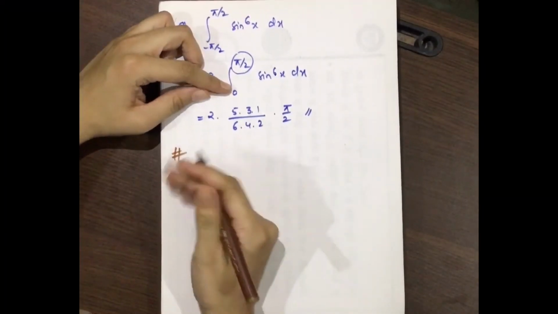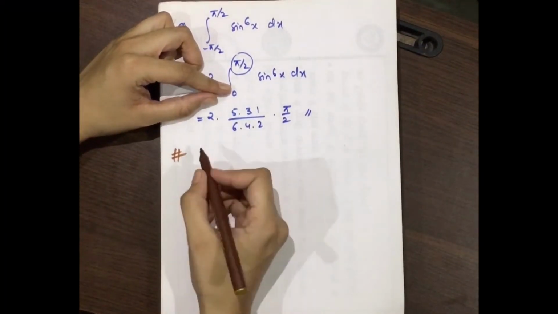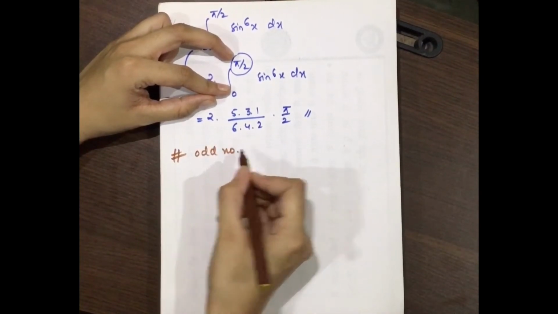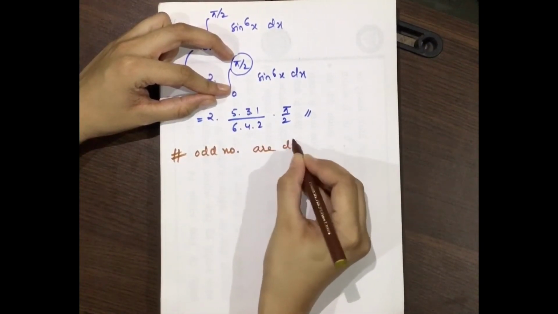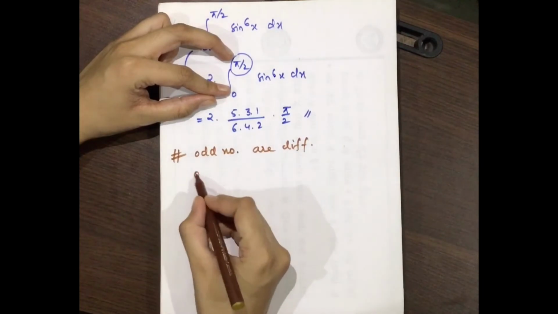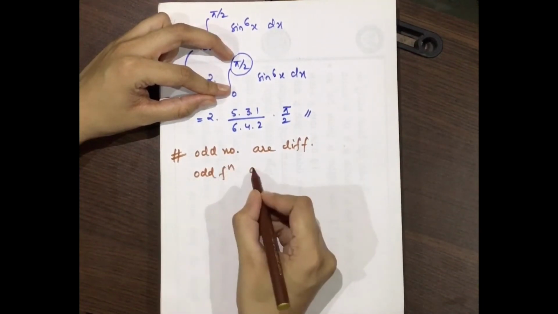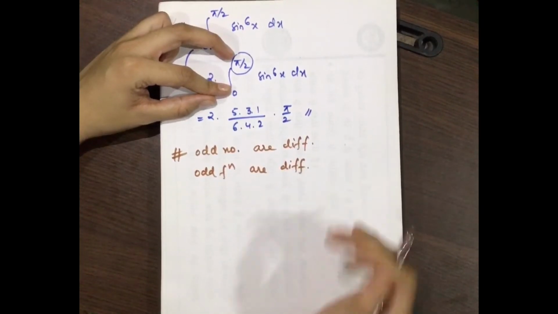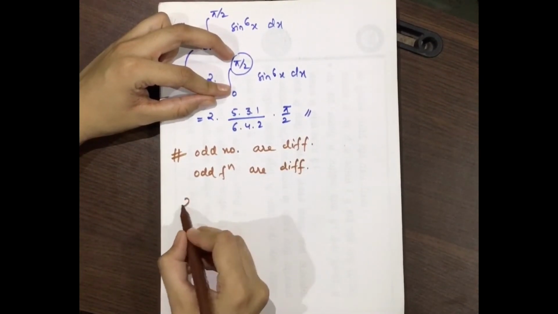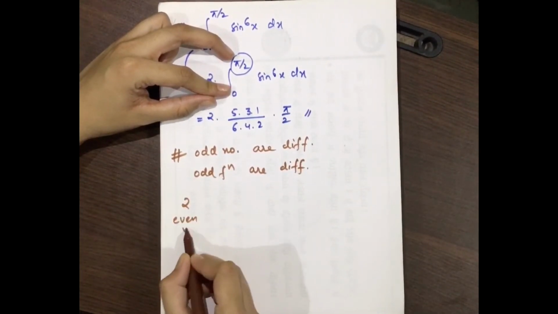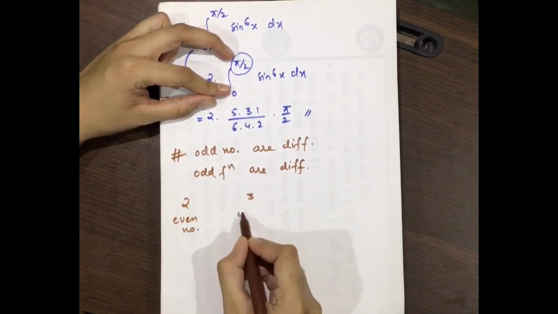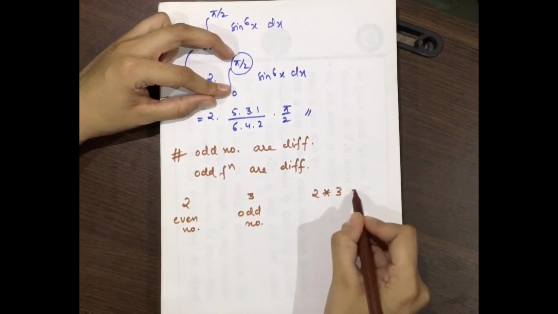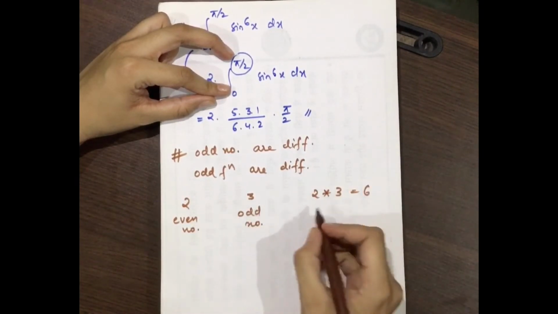Now most of the students are confused between odd and even numbers and odd and even functions. So odd numbers are different and odd functions are way different from odd numbers. Okay, so why I am saying this? See, 2 is an even number and we know that 3 is an odd number. So 2 into 3 is even, that is 6.